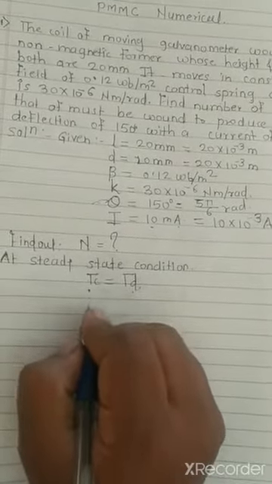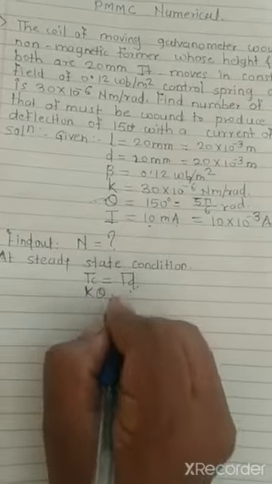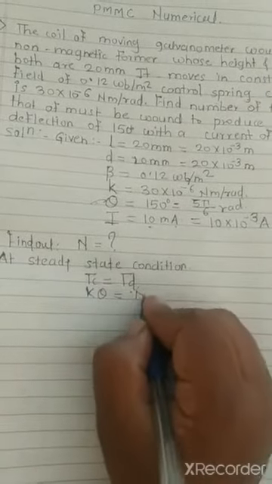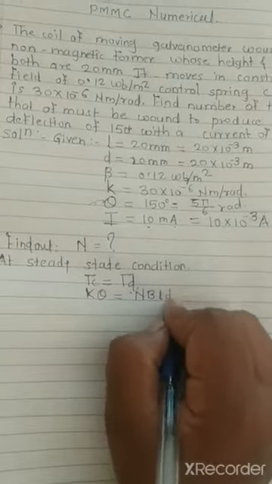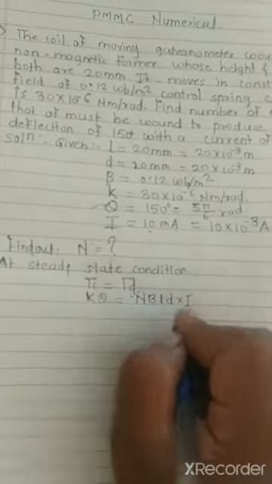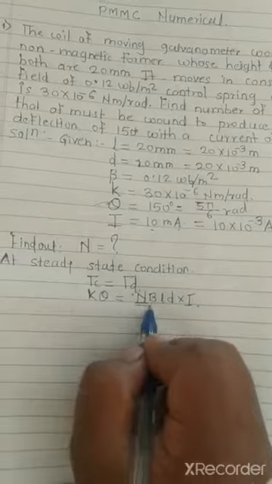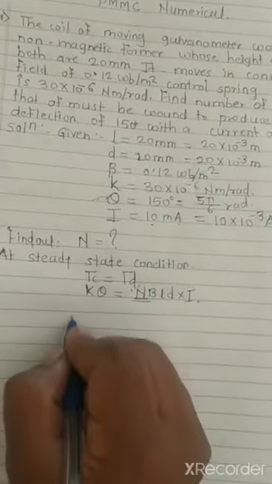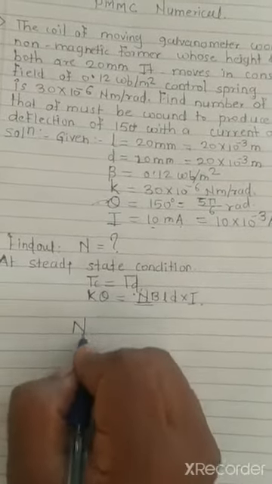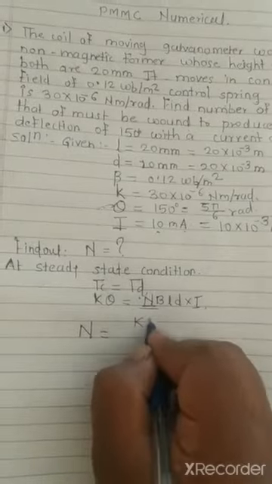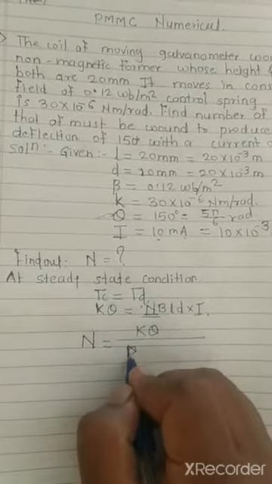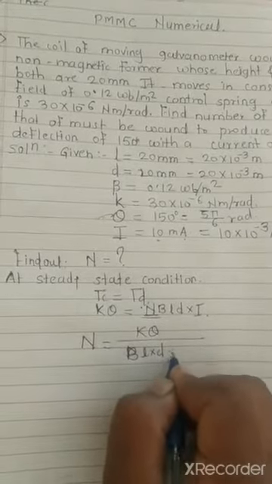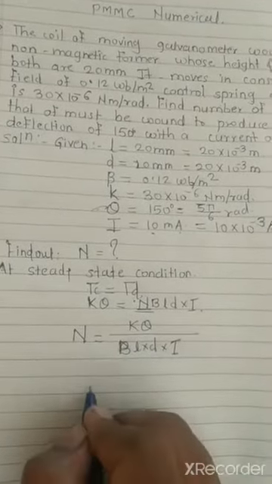Controlling torque is given by the formula K into theta and deflecting torque is N into B into L into D into I. Now we have to find the number of turns, means value of N. The formula for N is equal to K into theta upon B L D into I.